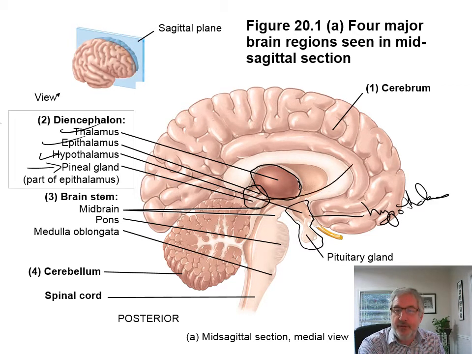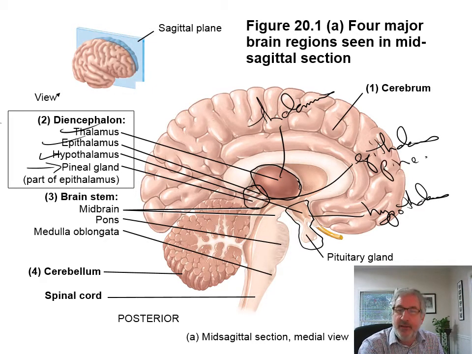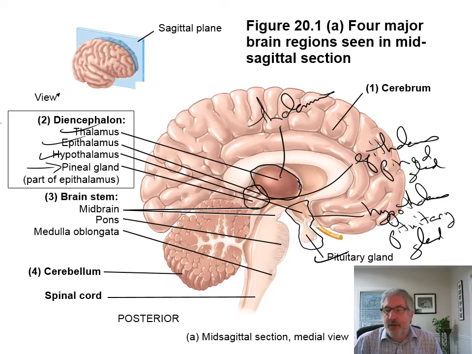And this is your epithalamus. And here's your thalamus. Okay. The epithalamus has the pineal gland, and the hypothalamus has the pituitary gland. And there it is, you can see it pointing to it. Okay, next slide.